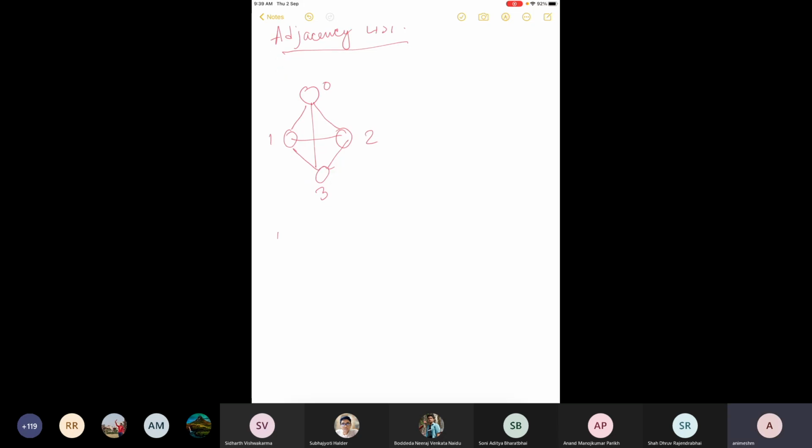In this representation, every vertex of the graph contains a list of its adjacent vertices.